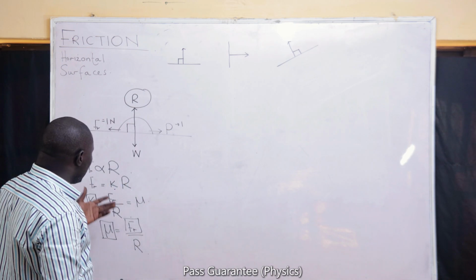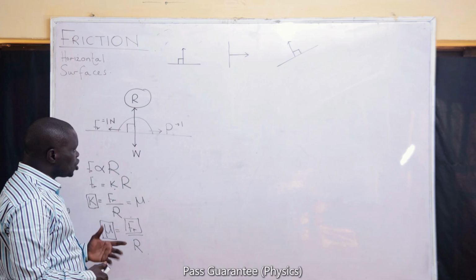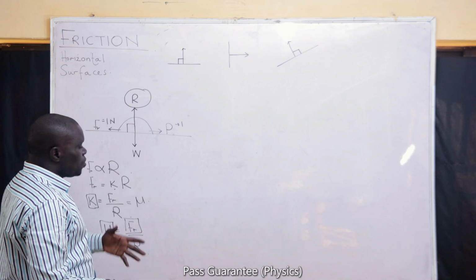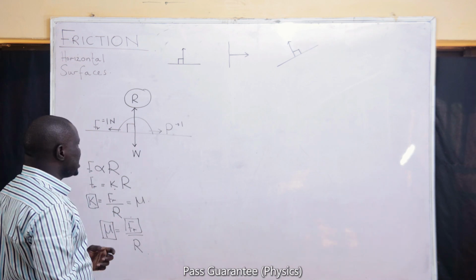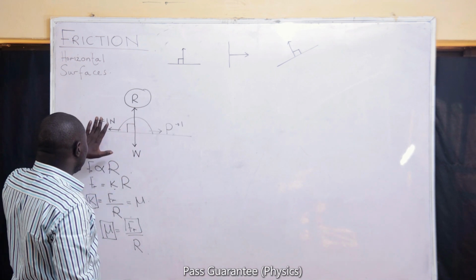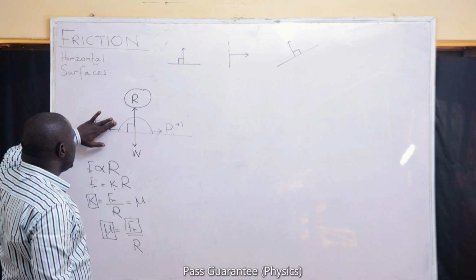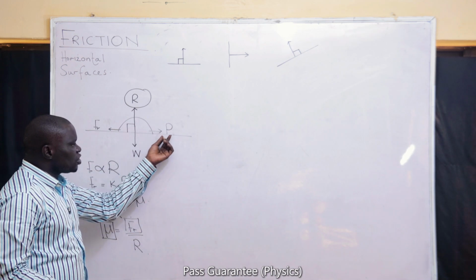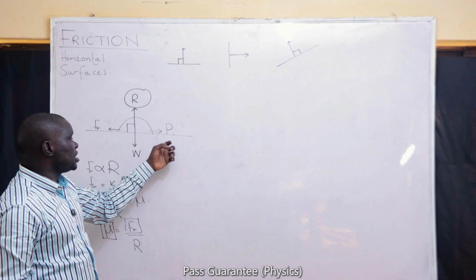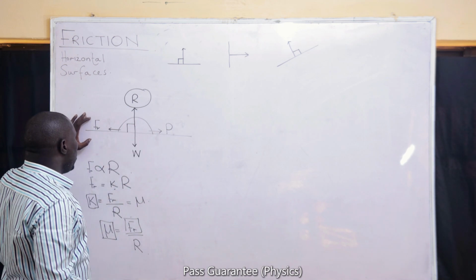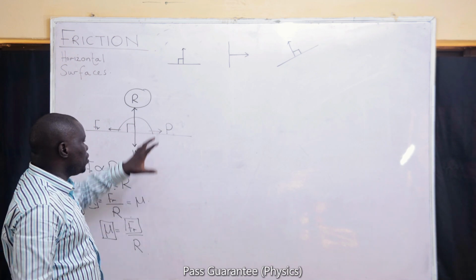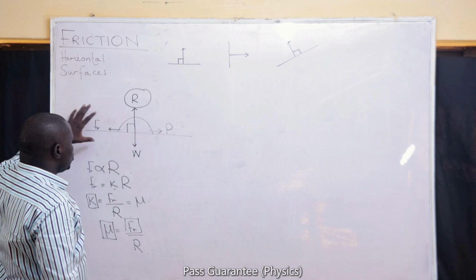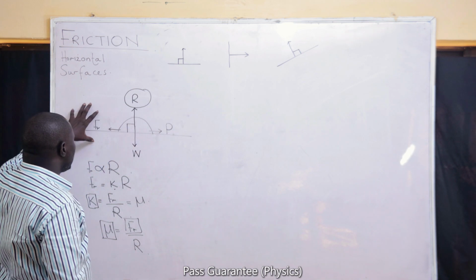So there are instances where, anytime we are told that the object is about to move, it simply means that the force you are trying to use to push the object is now equal to the frictional force.